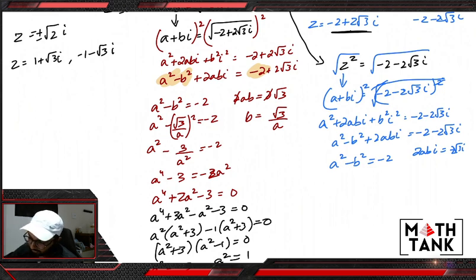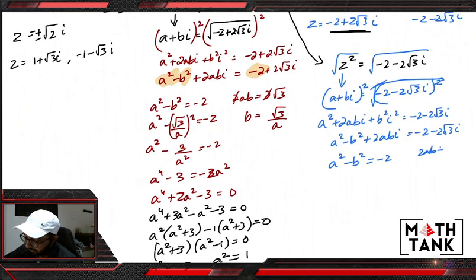So let's just do a comparison. 2ab equals minus 2 root 3. The 2's cancel out and b is now equal to minus root 3 over a. So it's sort of the same solution.